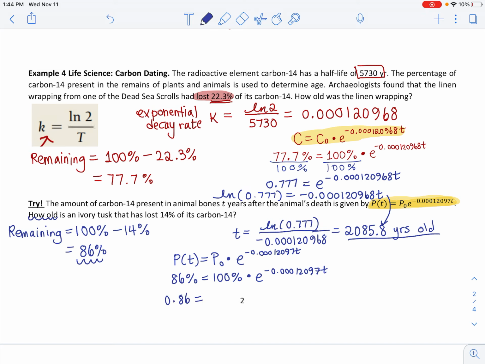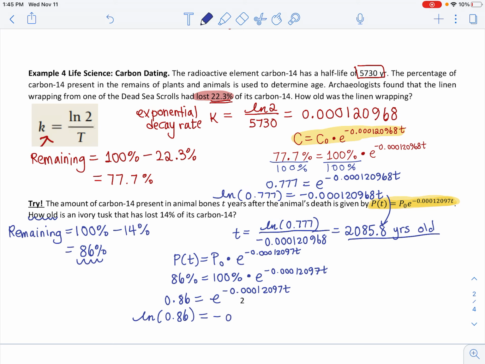All right, divide both sides by 100. We will do 0.86 equals, of course, because we're dividing by 100. All right, that equals e to the negative 0.0001209 t.